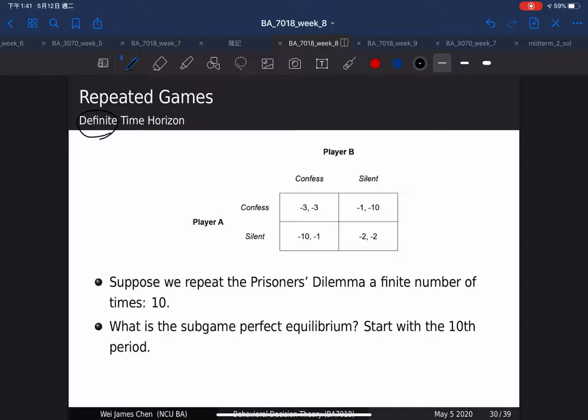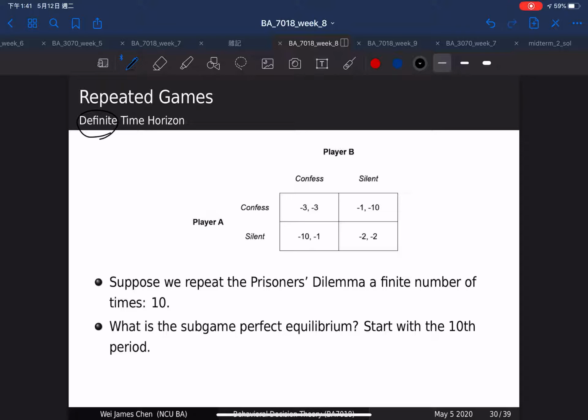Okay. And since this actually has stages, it's a sequential game now, right? Prisoner's Dilemma itself is a simultaneous game. But if they play twice, then it becomes a sequential game.